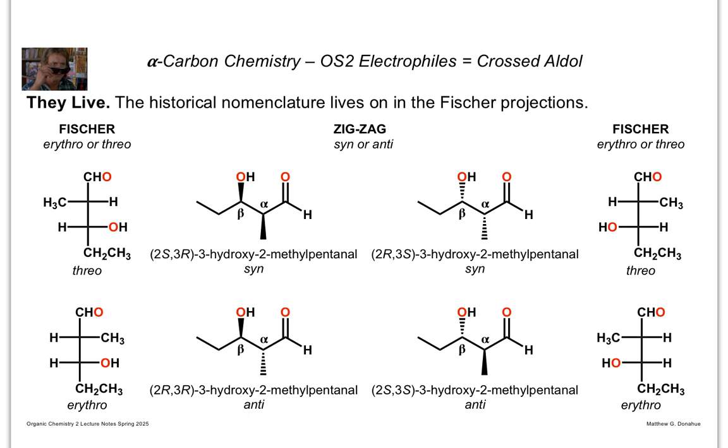So due to the complexity, it can be hard figuring out those relationships. In the center of this slide, I have, for lack of a better way of describing this, the zigzag way of drawing things. And in that convention, the longest carbon chain is always in the plane of the board, and then any substituents come out towards you or go away from you.